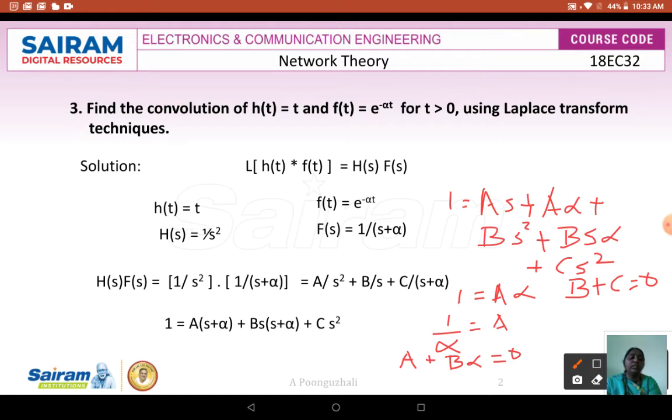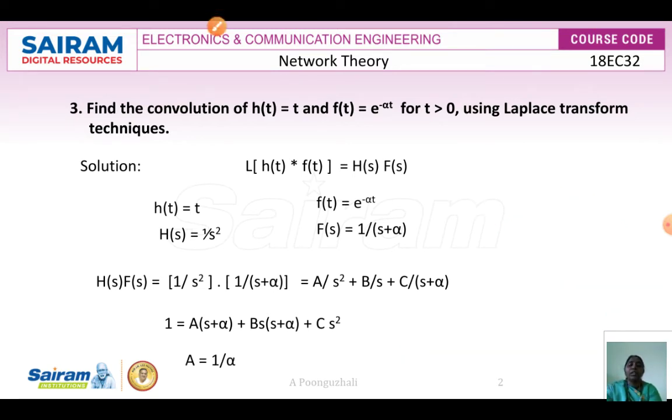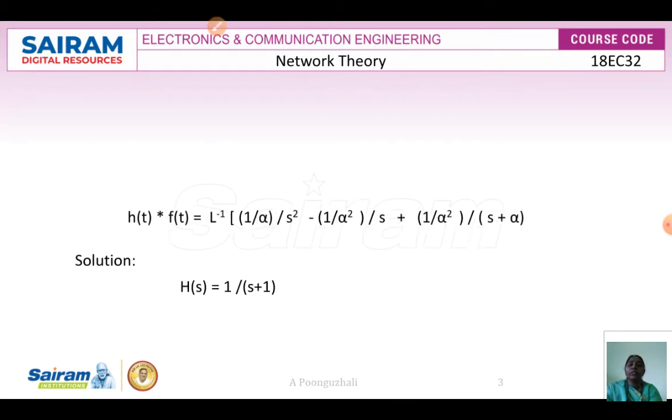We know that a is 1 by alpha, so b alpha is equal to minus 1 by alpha, so b is equal to minus 1 by alpha square. Substituting, c is equal to 1 by alpha square. So we have a equal to 1 by alpha, b equal to minus 1 by alpha square, c equal to 1 by alpha square. Next we want to find out the inverse there.